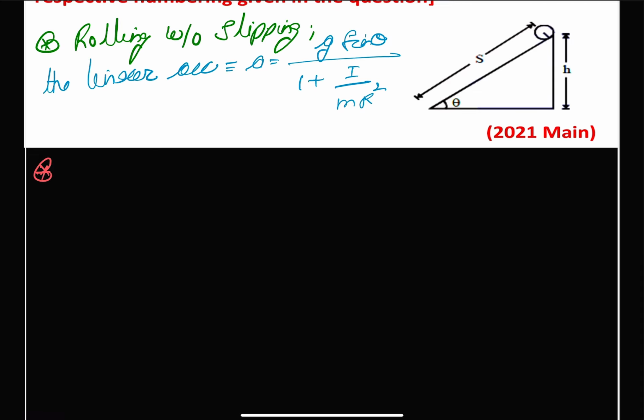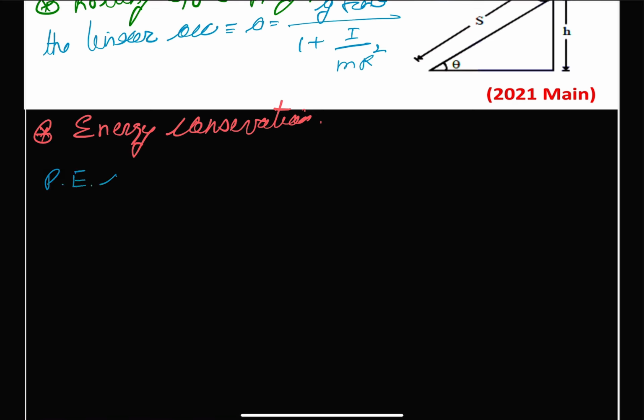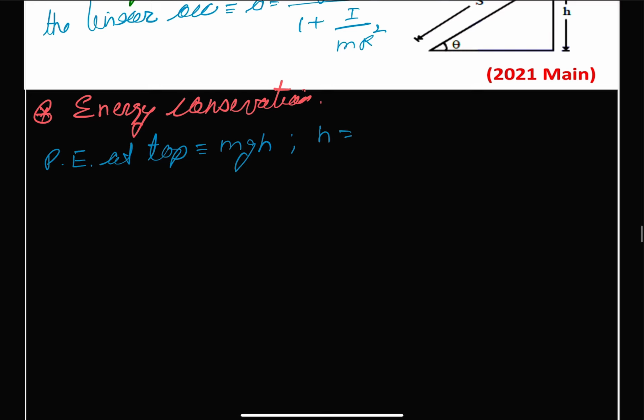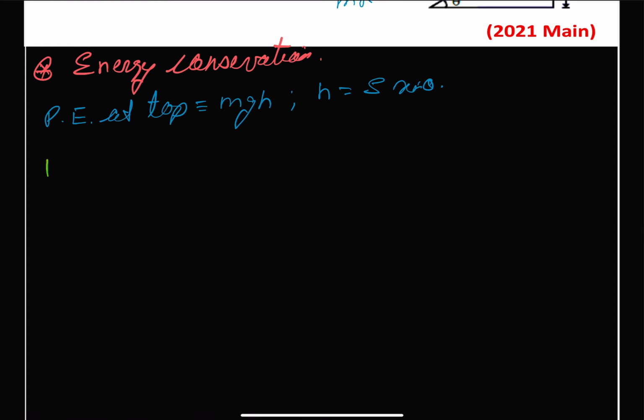Energy conservation: the potential energy at the top will be equal to mgh, and h will be equal to s sine theta, and the kinetic energy at the bottom will be kinetic energy translational plus kinetic energy rotational.